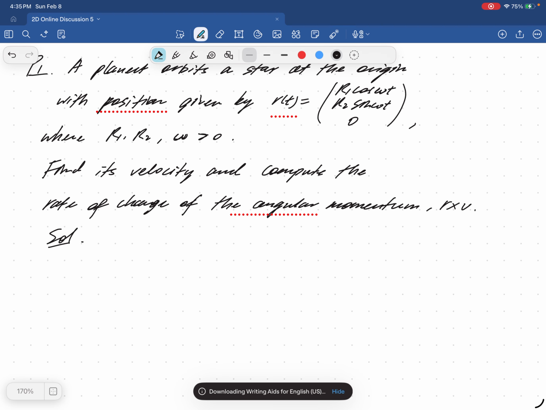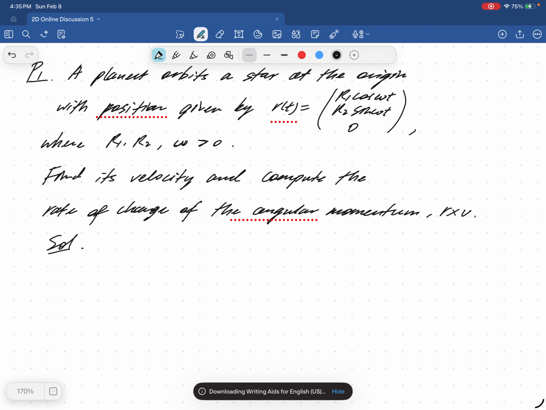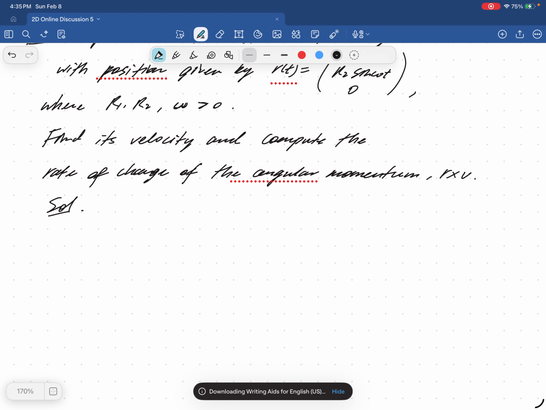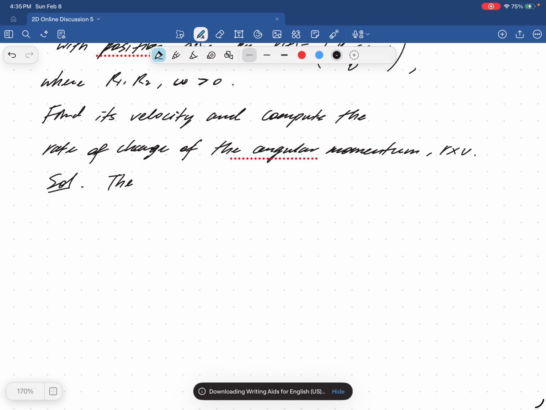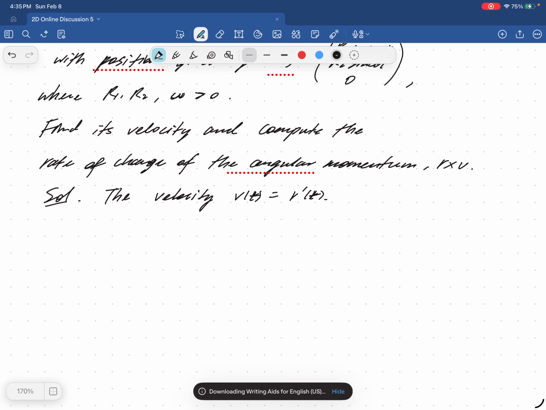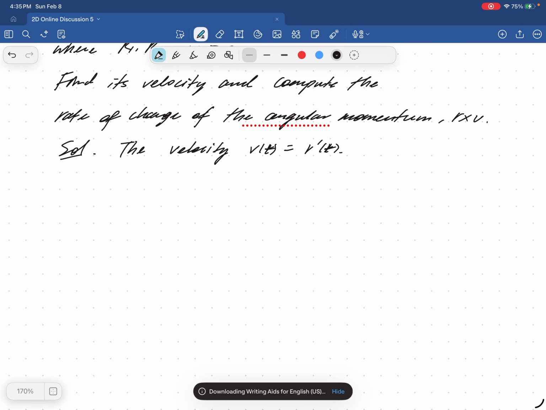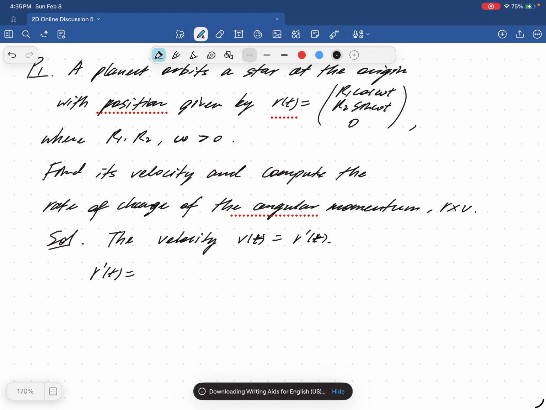So if we have a particle with position given by r(t), then the velocity v(t) is just equal to the tangent vector at each point of the particle. So it's going to be r prime of t. And r prime of t is just given by the derivative of each coordinate.